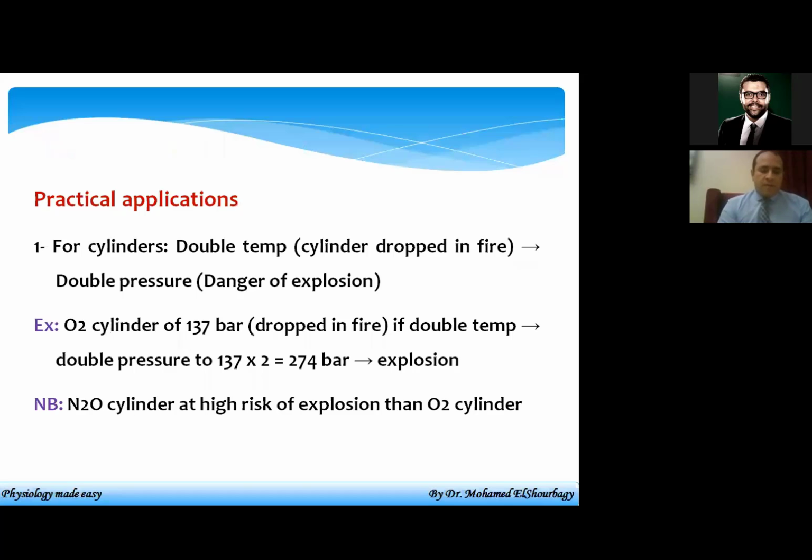Okay. Example: an oxygen cylinder of 137 bar dropped in fire. If temperature doubles, pressure doubles to 137 multiplied by 2 equals 274 bars, and explosion. Okay. A nitrous cylinder is at higher risk of explosion than an oxygen cylinder, again because a nitrous cylinder contains liquid and vapor, and liquid is incompressible.